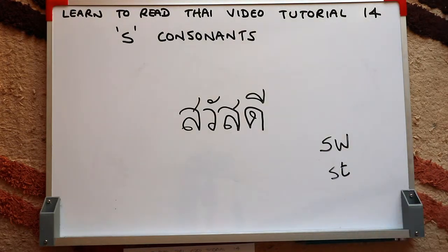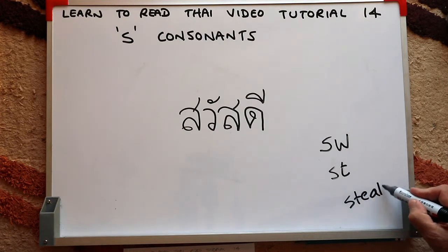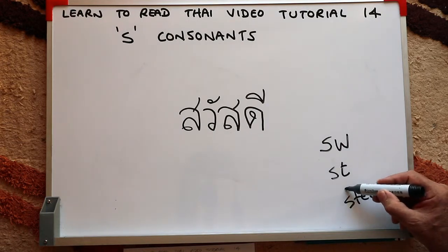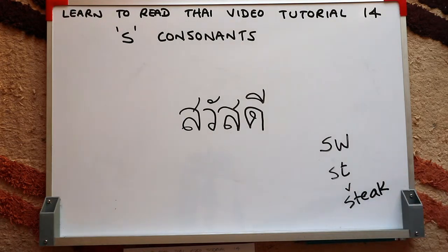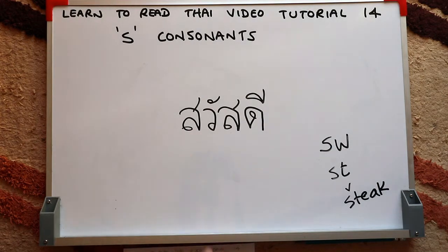S and T is a consonant cluster in English. It's not in Thai. So if Thais use an English word, such as steak, whereas steak would just be one syllable in English, the Thais will always add a vowel in between the S and the T. So what we have here, we have the S consonant, that's the initial consonant.